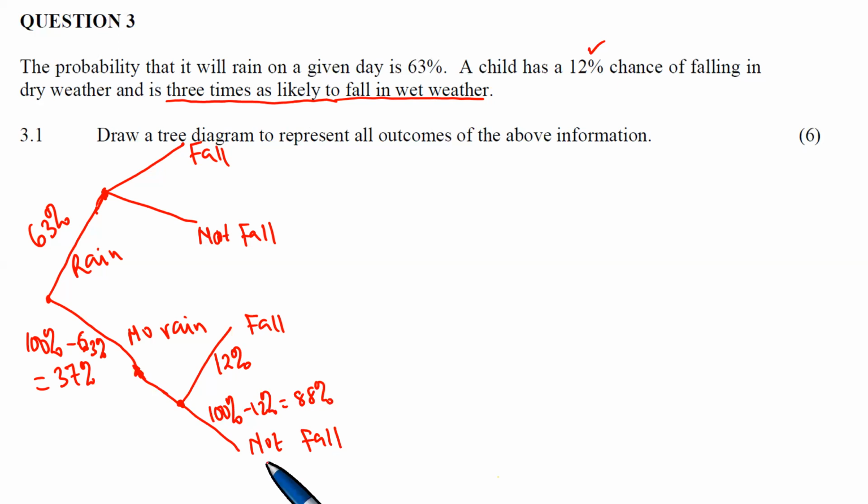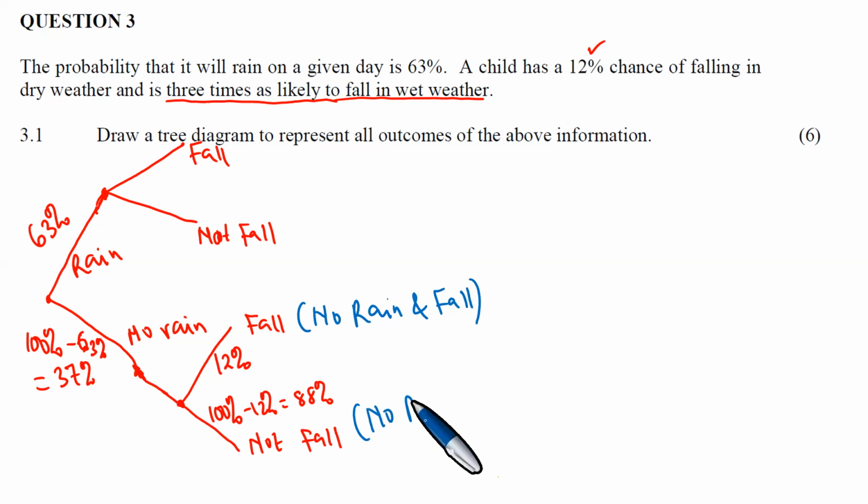Okay, let's analyze this one. No rain and fall is the outcome. Here is no rain and not fall.